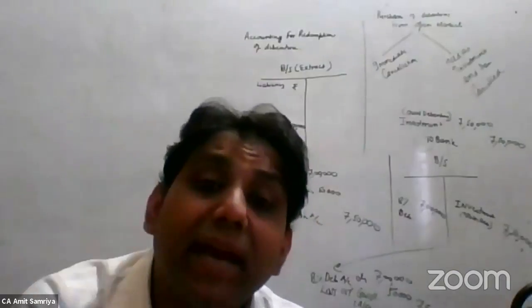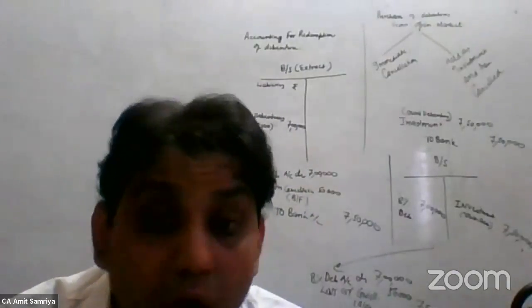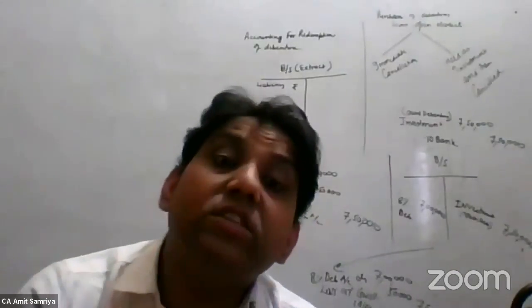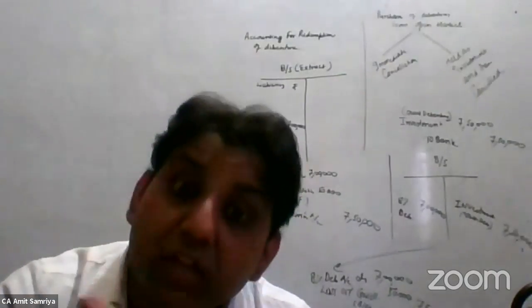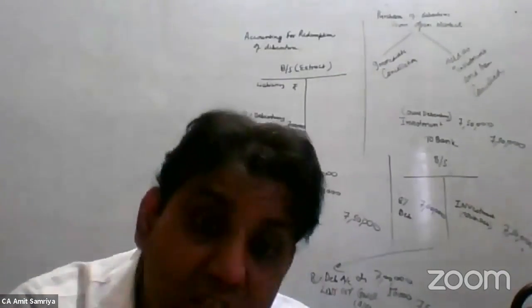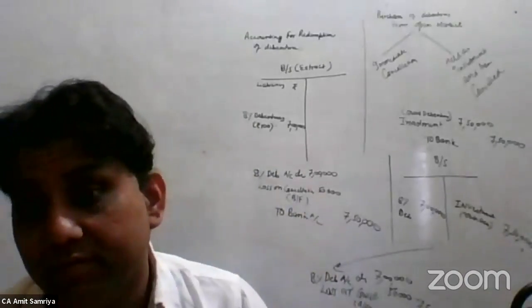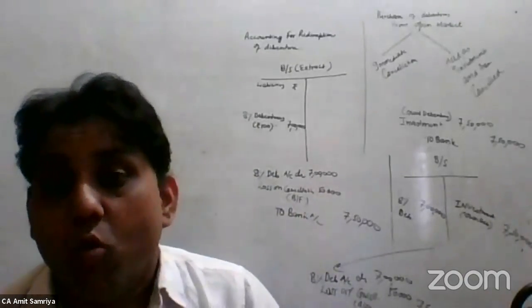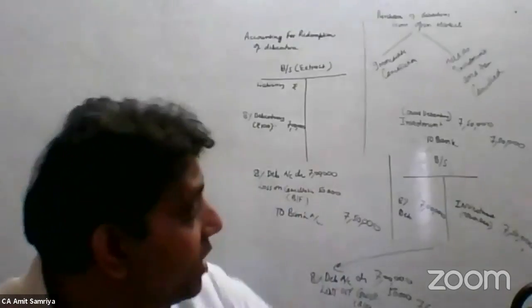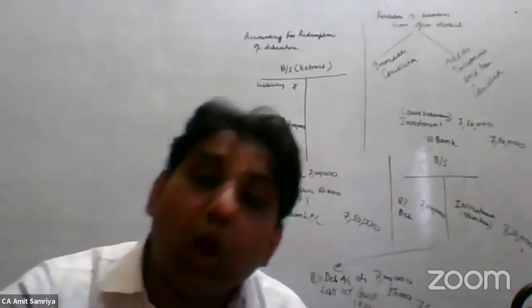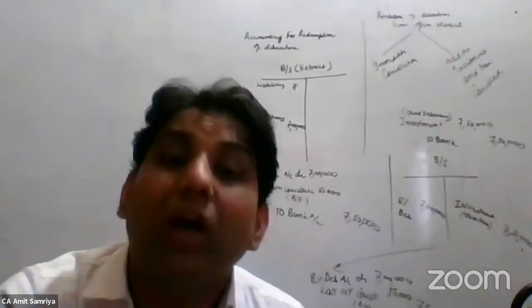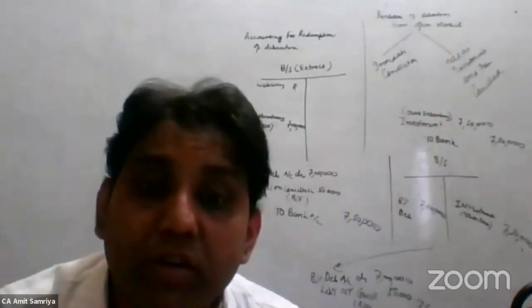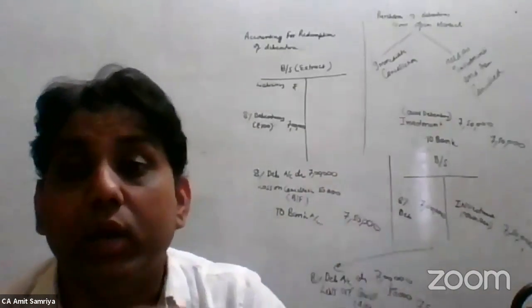When interest is paid, then the entry is called interest on debenture, not debenture interest. Debenture interest is an expense for the company related to the liability of debentures. An interest on debenture is an expense while purchasing investment. When the company purchases the investment, it pays 7,50,000 to bank, and along with this, the company pays 14,000 interest on debenture. That is called interest on debenture account debit to bank.